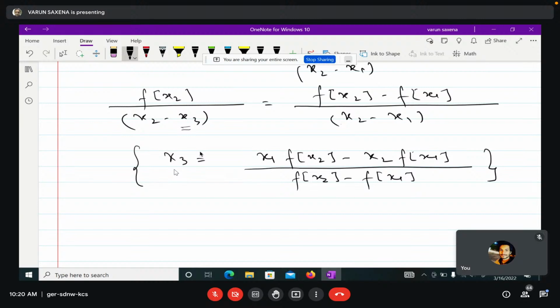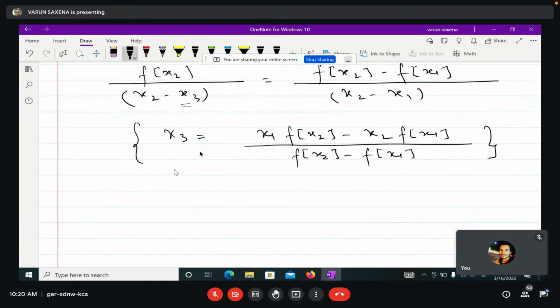So basically, the only difference between the bisection method and the false position method is the manner in which you're calculating x3. Okay, and then the entire process remains the same. So we proceed like this only. The method follows like this.